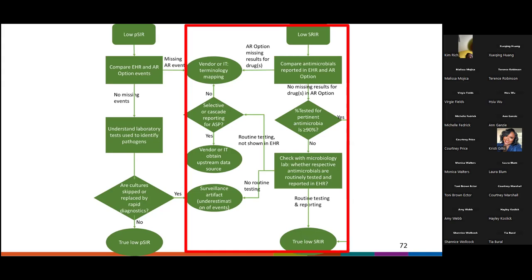If the drugs were routinely tested in your lab, however the results were not shown in your EHR, it is likely that your facility has selective or cascade reporting. In this case, work with your IT and surveillance vendor to obtain an upstream data source before data suppression. If the drugs were not routinely tested in your lab, we recommend that you disregard this SRIR.